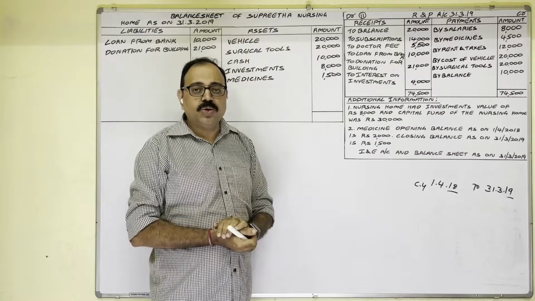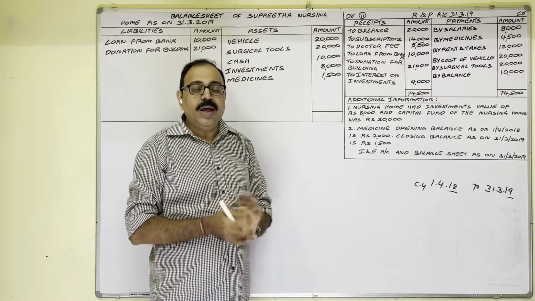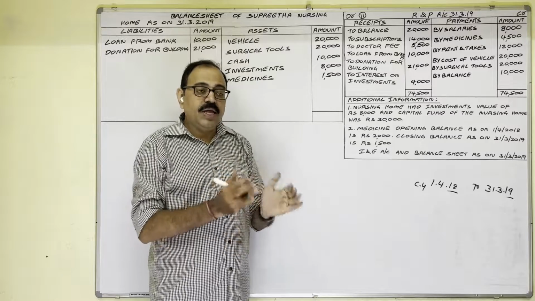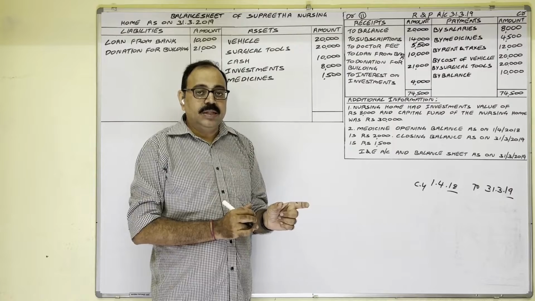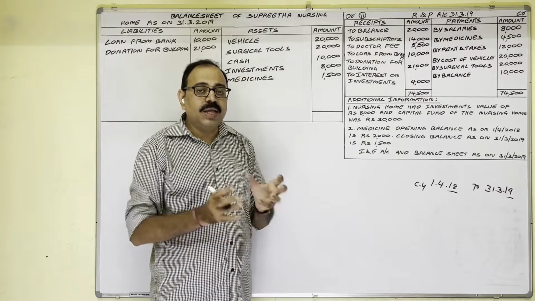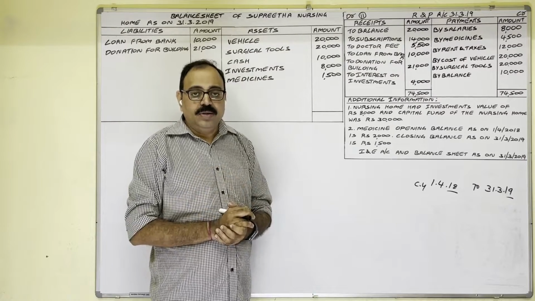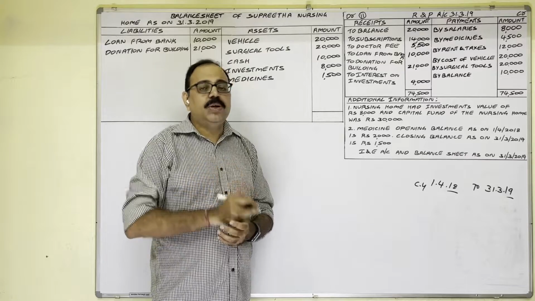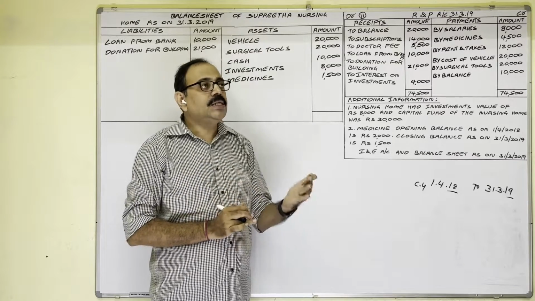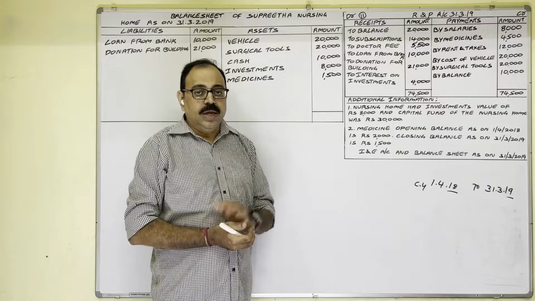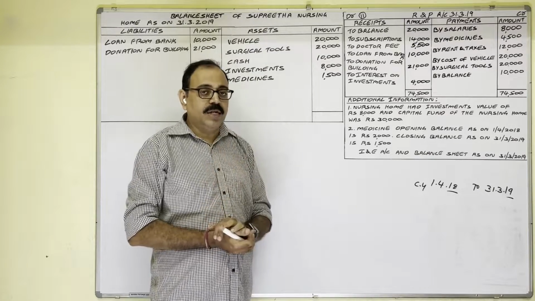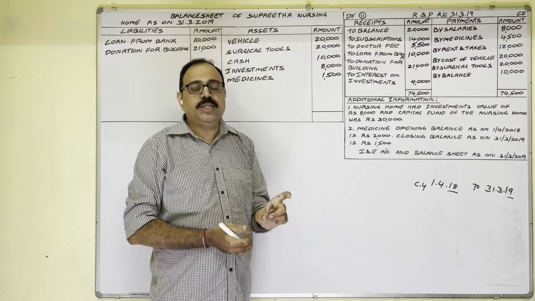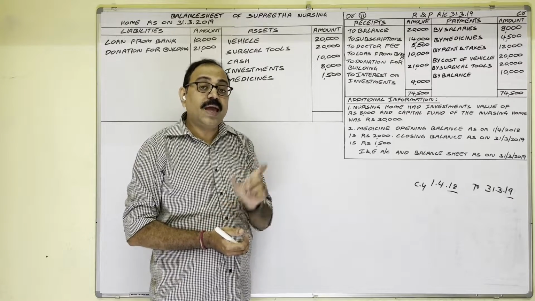Capital fund is also known as general fund or accumulated fund. In case of non-trading concerns, if they get any surplus, then with that surplus amount they create capital fund. And some capitalized amounts, for example legacies, entrance fees and donations are to be capitalized. With these capitalized amounts also, they can create capital fund.